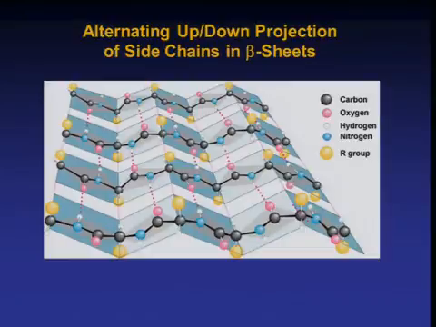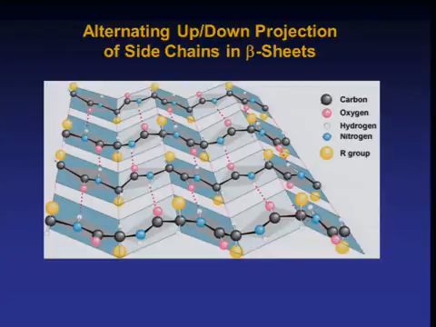It's a sheet. So in this case, you have 1, 2, 3, 4. So this is a 4-stranded beta sheet. If the R groups alternate up, down, then the polypeptide will go whatever, and either comes back this way or it's coming back this way. I don't know if it's parallel or anti-parallel. I think it's actually parallel in this case.